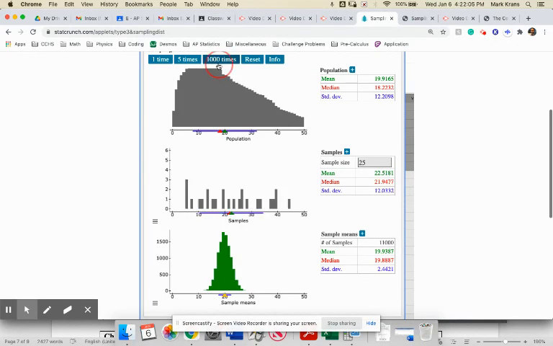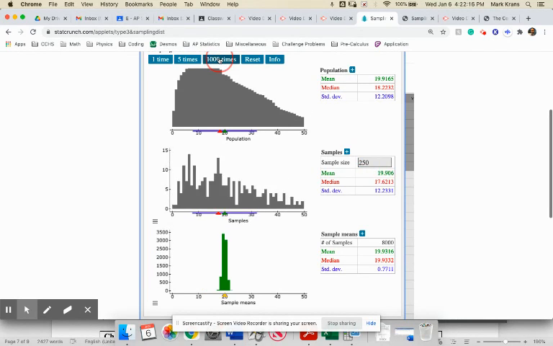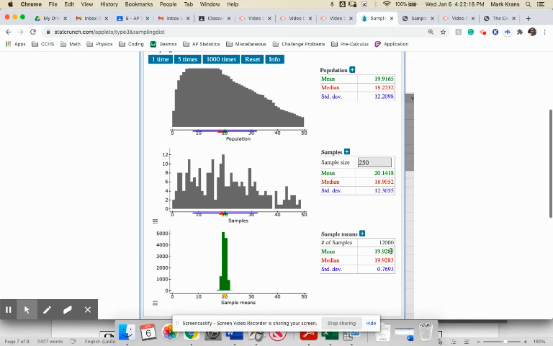So for any shape distribution, as you increase the sample size, it makes it skinnier, and makes it more and more normal. The larger the sample size, the more normalized your sampling distribution gets. Notice I'm never changing the population distribution.